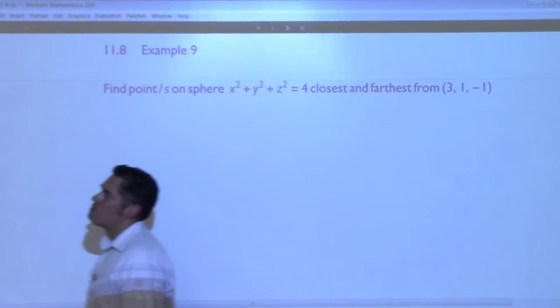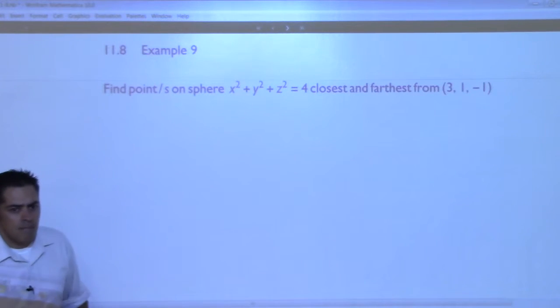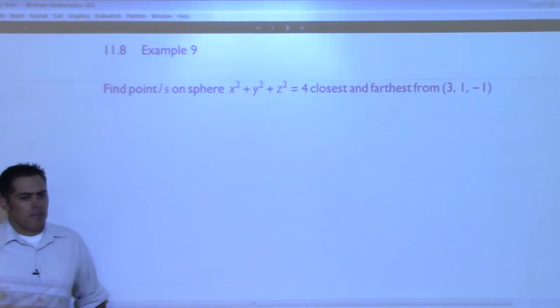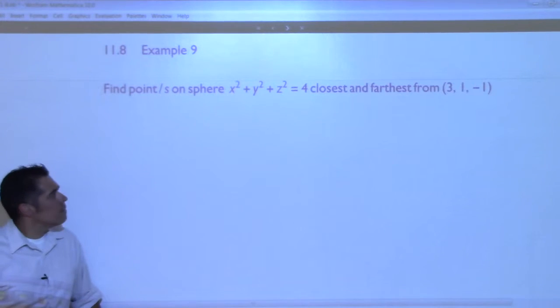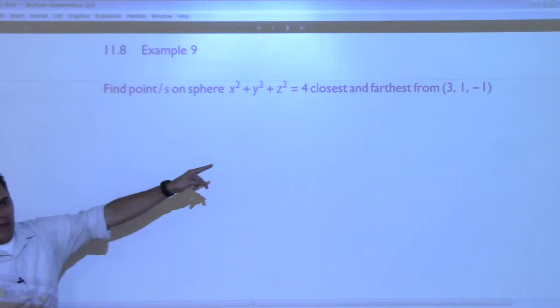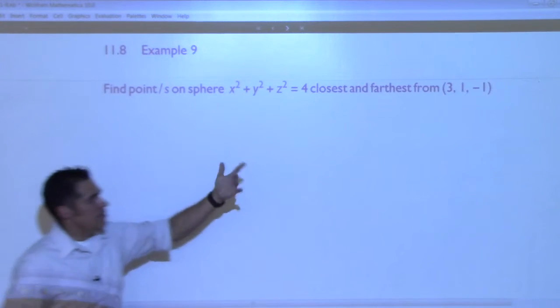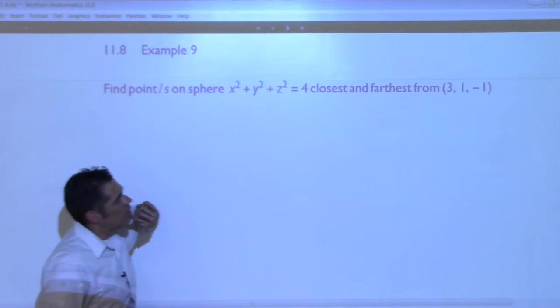So that second vector I have is guaranteed to point to something on the sphere. And since it's in the direction of that point, logically, that vector is pointing to the point closest to that point. So it's basically some scalar multiple of that. Yes, that would work, I think.